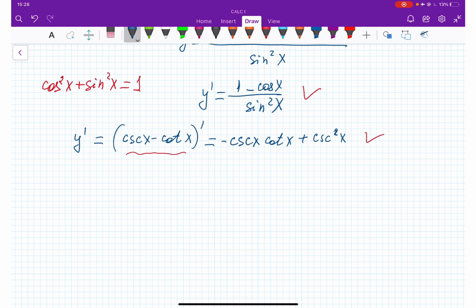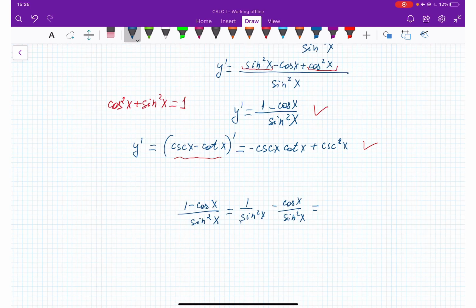So I'm taking 1 minus cosine x over sine square x. Separating the common denominator, 1 over sine square x minus cosine over sine square x. Now what do we have? 1 over sine square x, right?